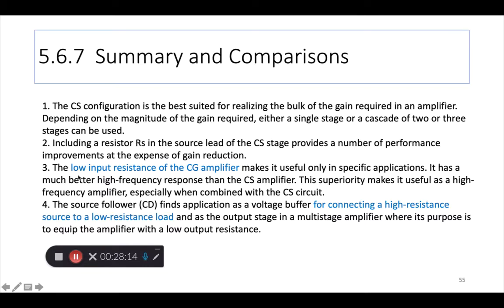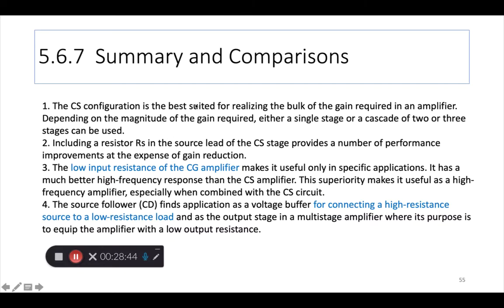Number 3, the low input resistance of the CG amplifier makes it useful only in specific applications, right? So if you have an application where from the previous stage or the previous device, like a microphone, you're getting a signal, but it's at a low output resistance, and you need to feed that into your CS amplifier.